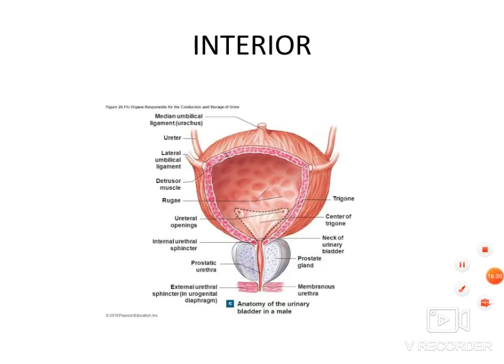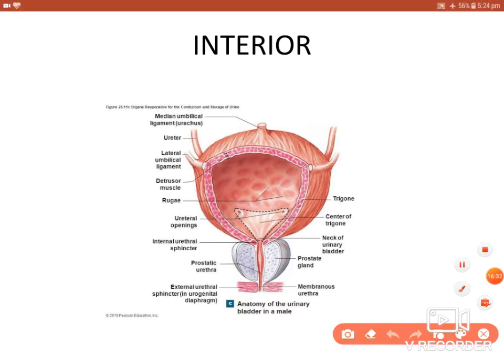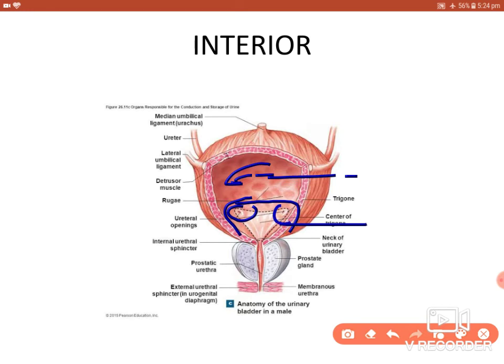Here you can also see the same figure. The mucosal folds will be irregular. The lower part, the base, is called the trigone of the bladder. At the lateral angles of the trigone, you can see the openings of the ureters.